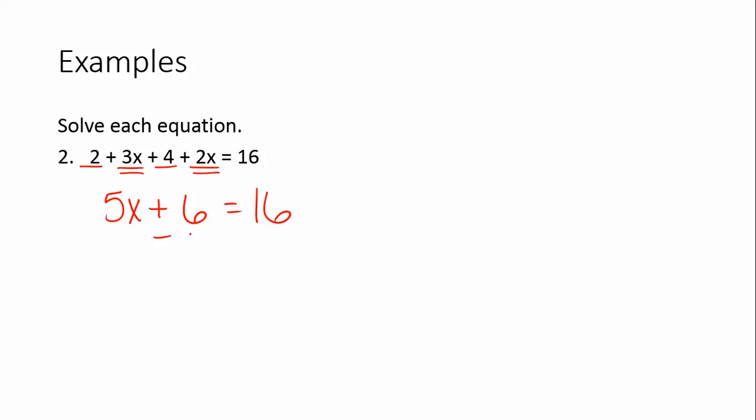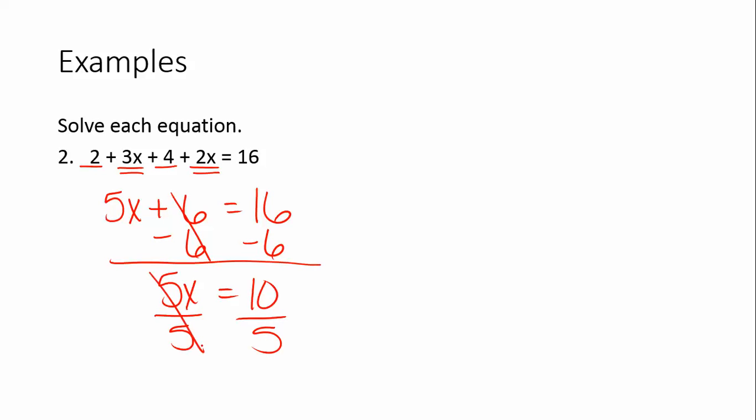Now we go ahead and subtract 6 from both sides, and then divide by 5. So we get x equals 2 again. You could check your solution by plugging that into the original equation and making sure that the left side equals 16.